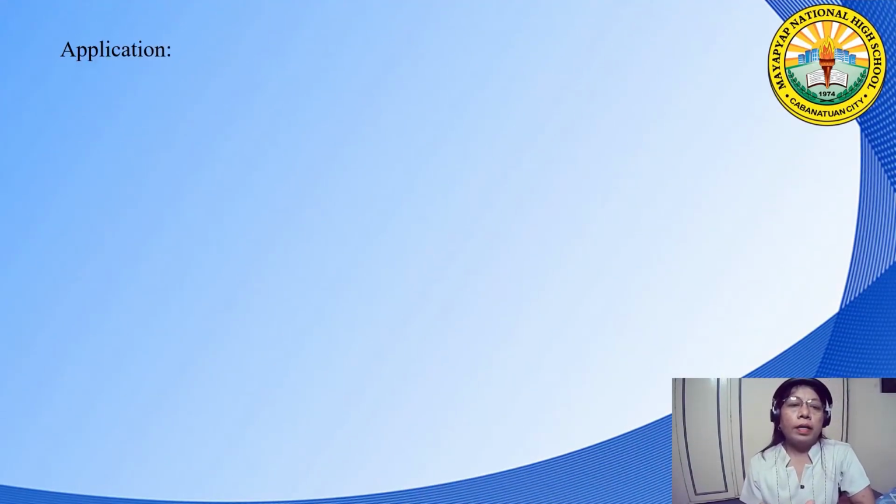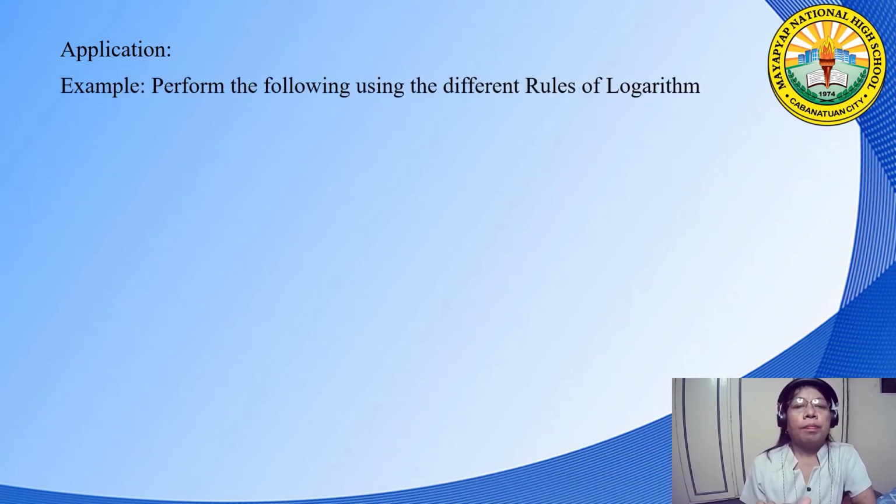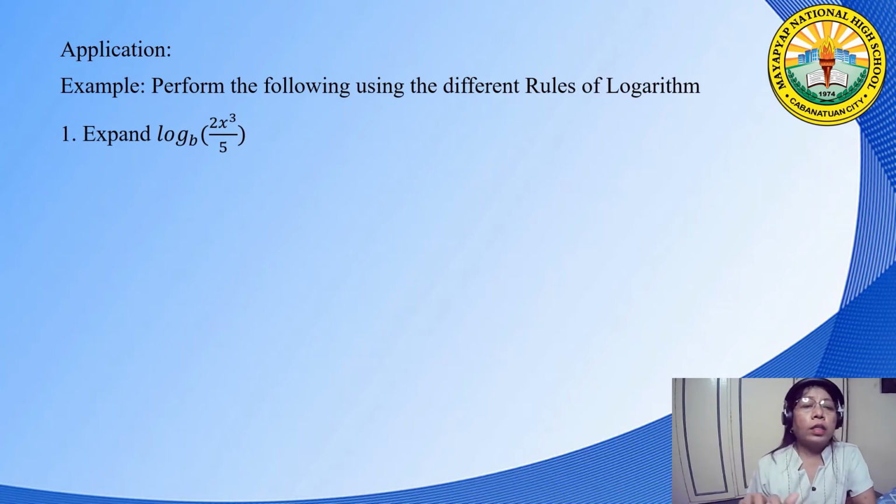And to apply the following rules of logarithms, let's have some examples. Perform the following using the different rules of logarithms. Expand logarithm of 2x to the third over 5 to the base b.